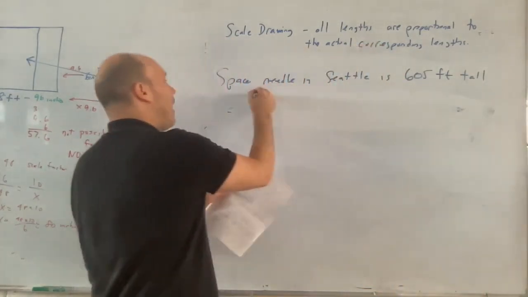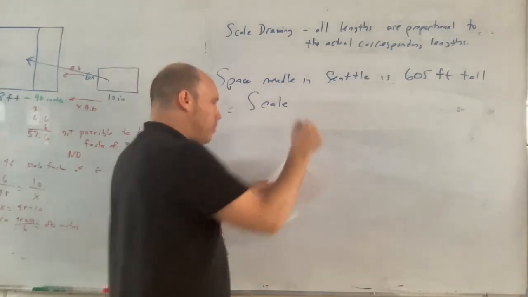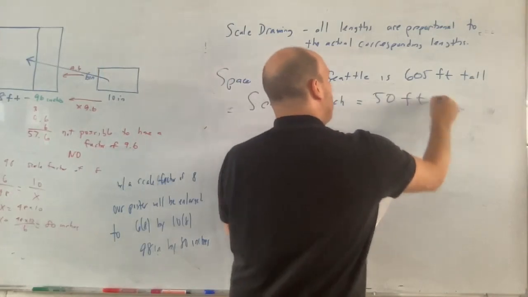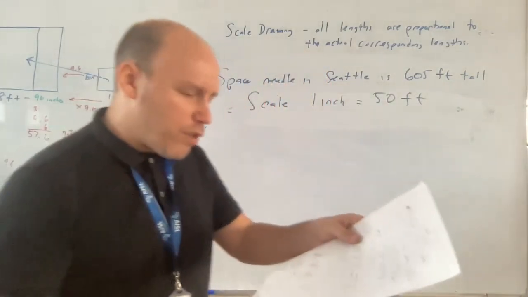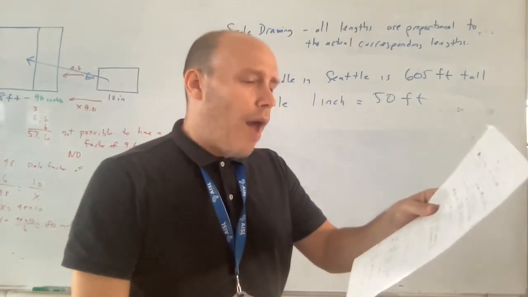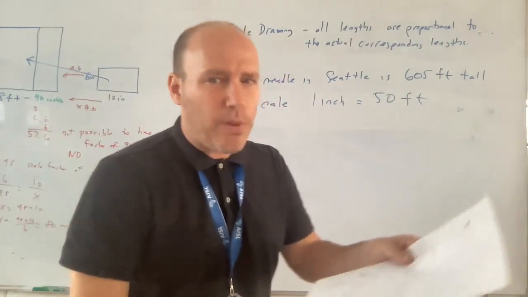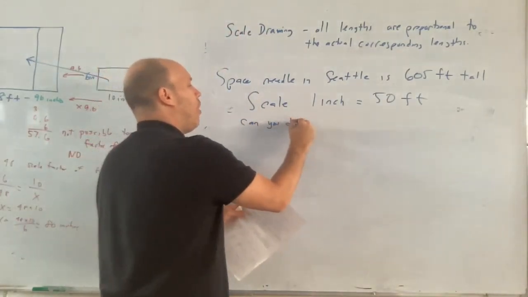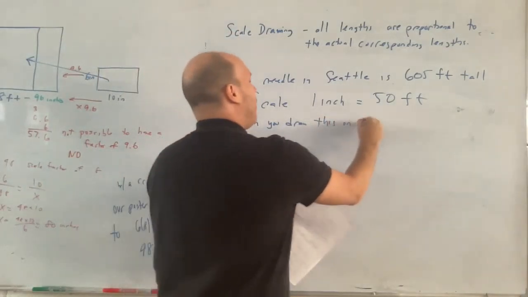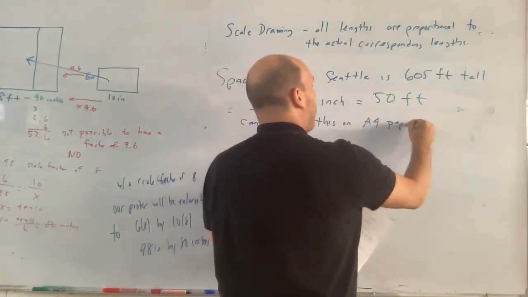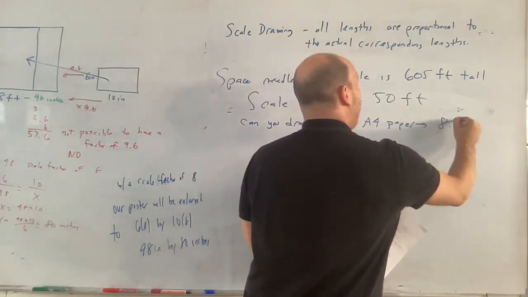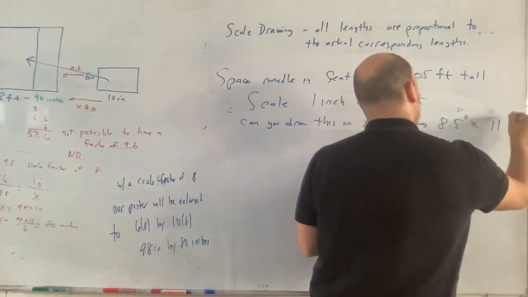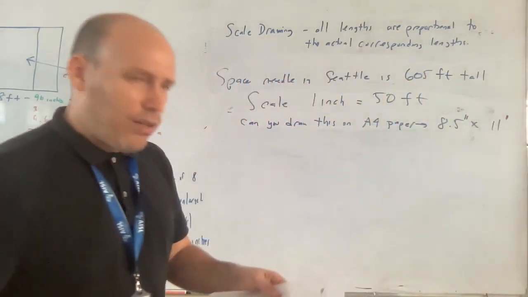And the scale, you decide the scale, is 1 inch is equal to 50 feet. My question is, can you draw this on an 8.5 by 11-inch piece of paper, like A4 paper? A4 paper in the United States is 8.5 by 11 inches. Can you draw it on the piece of paper?